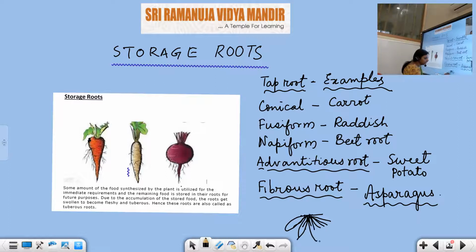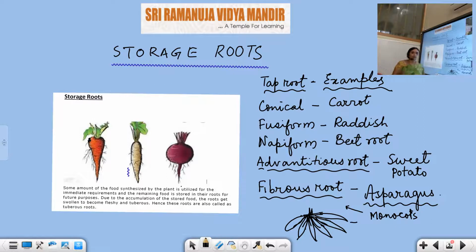So these threads become bulged in shape and form fasciculated tuberous root-like structure. This is the structure of asparagus, and asparagus is a monocot. Yesterday in my class I told you all monocots have fibrous root system. So I think you have understood what is storage root.